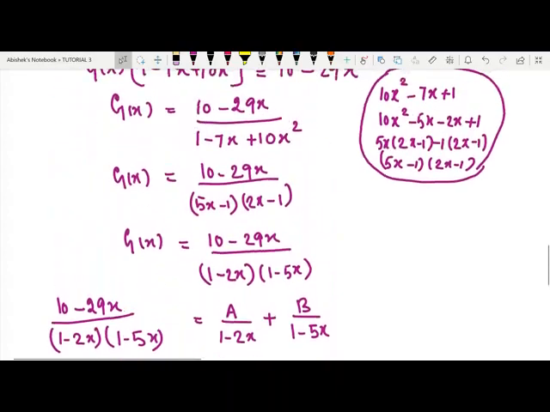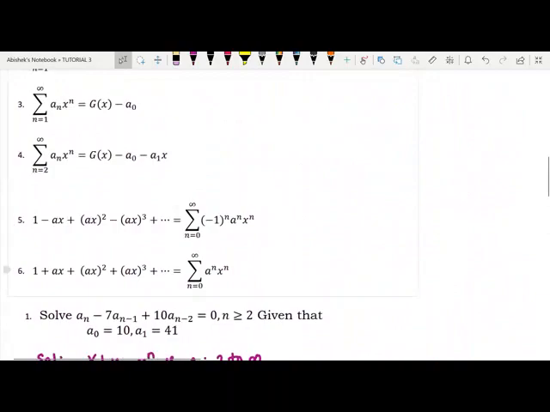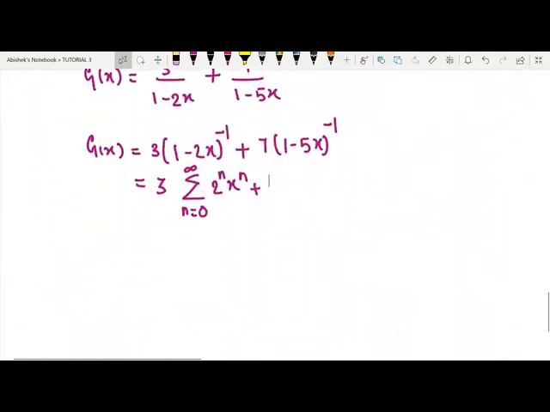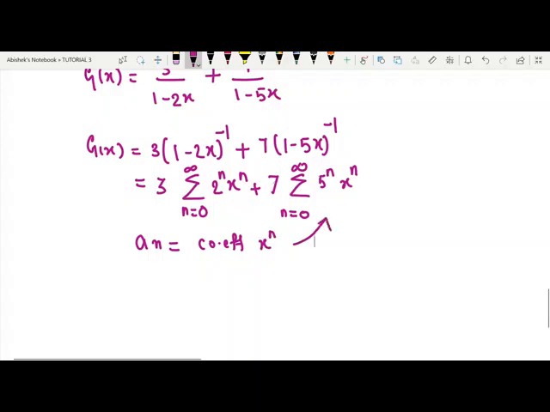So this step is derived from the standard results. Here also, 7 summation of n equals 0 to infinity 5 power n x power n. So a n, the solution, is the coefficient of x power n from the above equation.